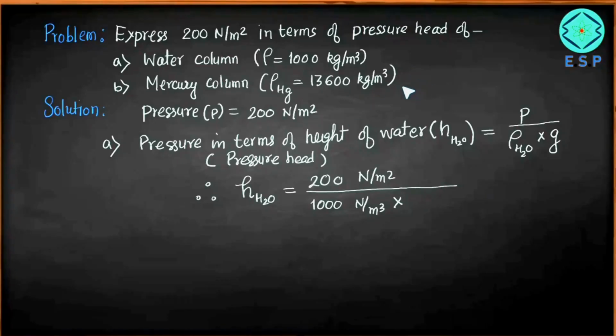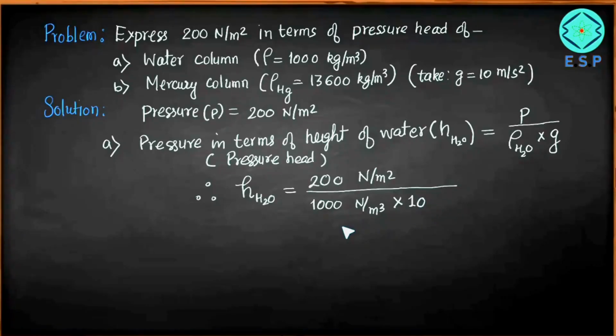I am going to take the approximate value of g as 10 to make it simple, so take g as 10 meters per second square. Just for simplicity, I have taken this. So divide by 10, friends.